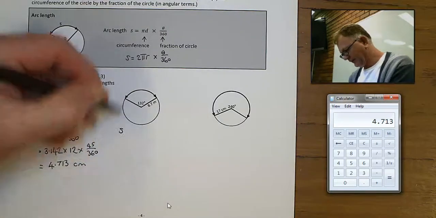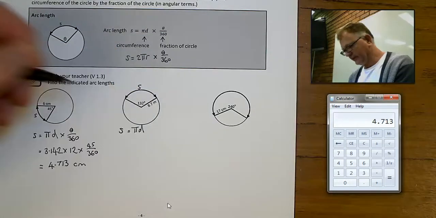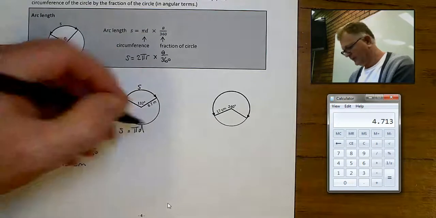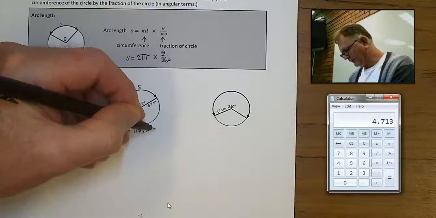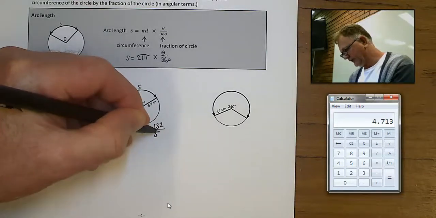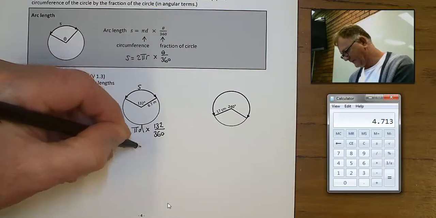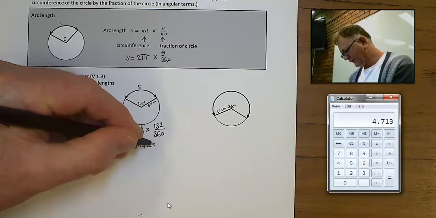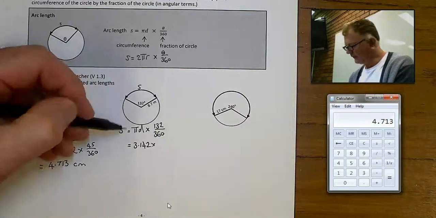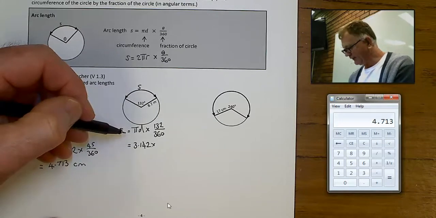Arc length S equals pi d, the distance all the way around that circle, times by the fraction of the circle that we're dealing with, 132 out of 360 degrees in the circle. The diameter of this one will be double 8.7, which is 17.4.